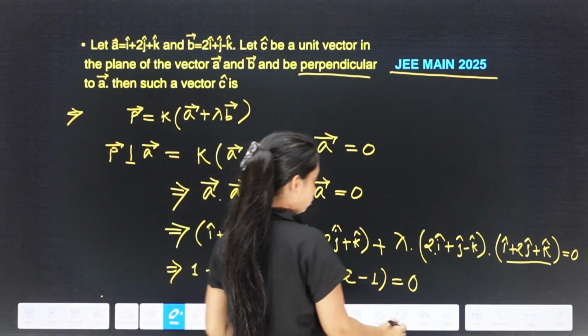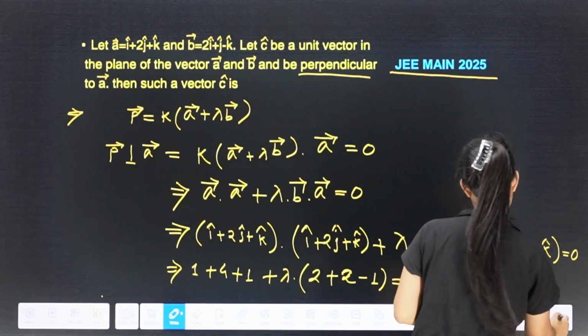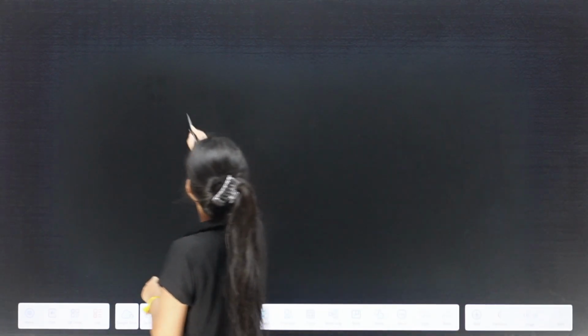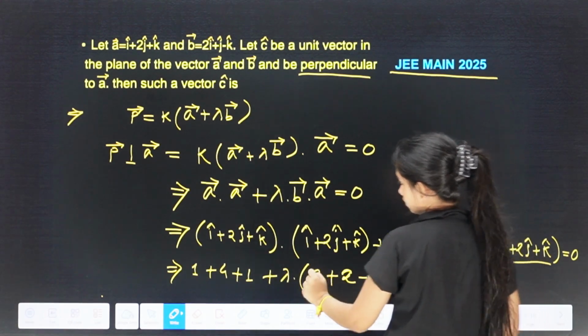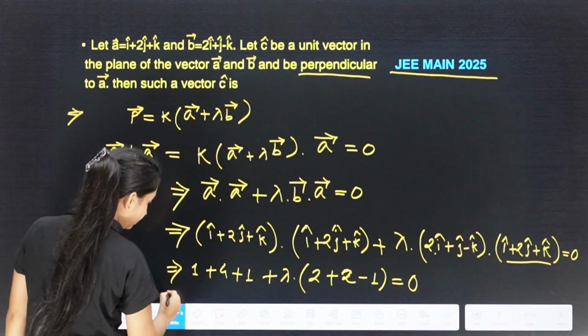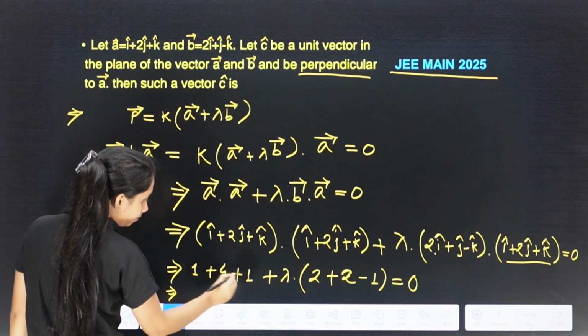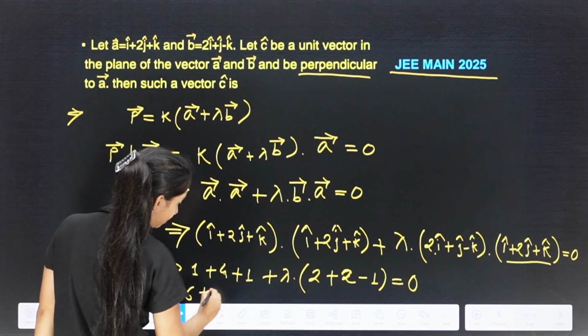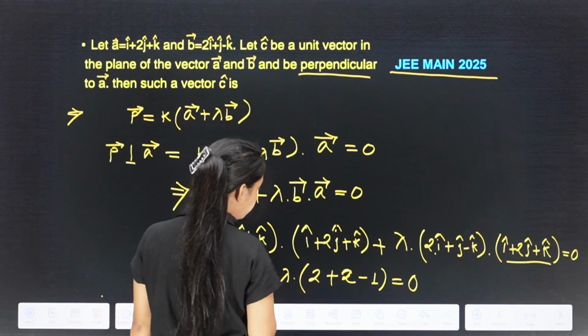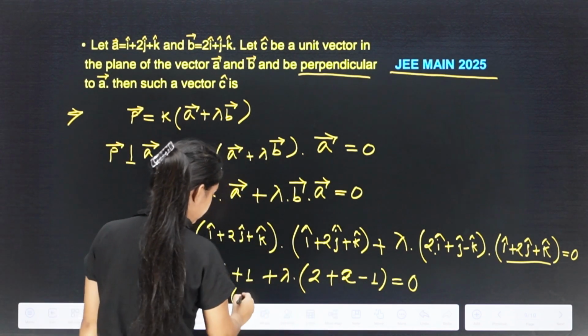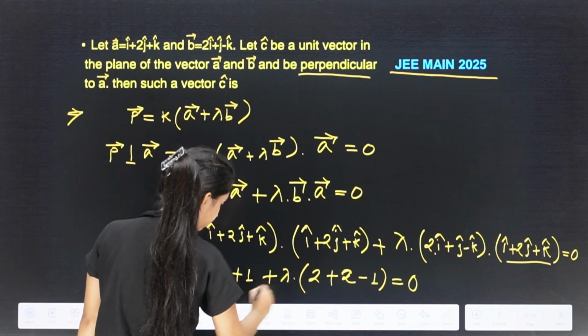So what was our last equation? We will simply write it as 4 plus 1 plus 1 is 6, plus lambda times 2 plus 2 is 4, minus 1, that is 3.